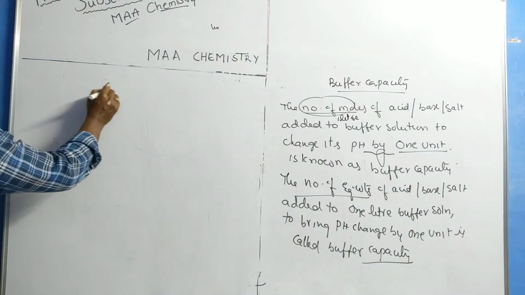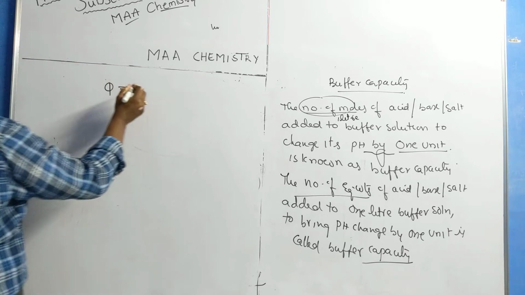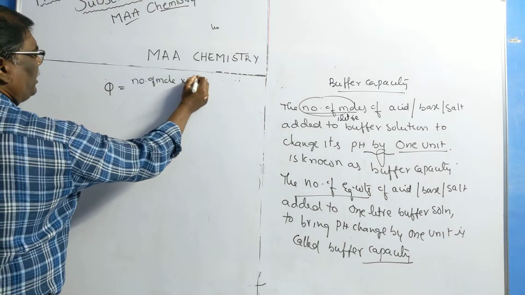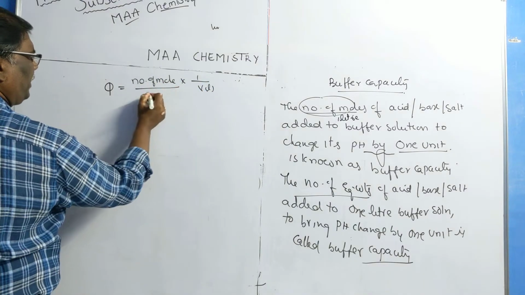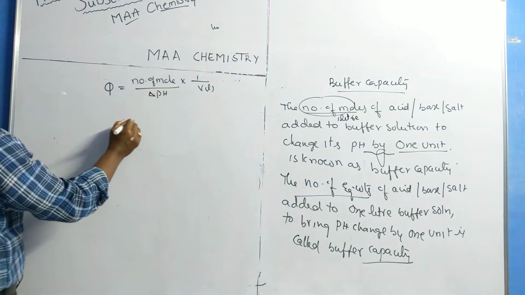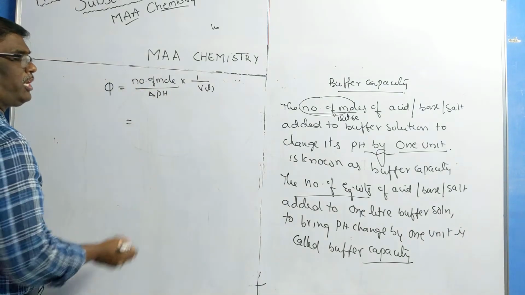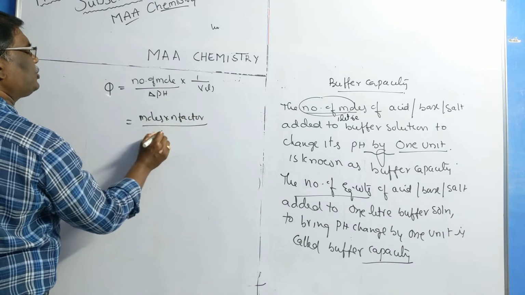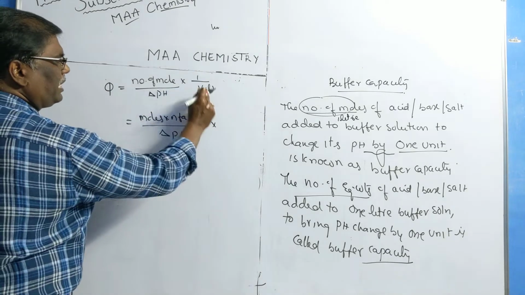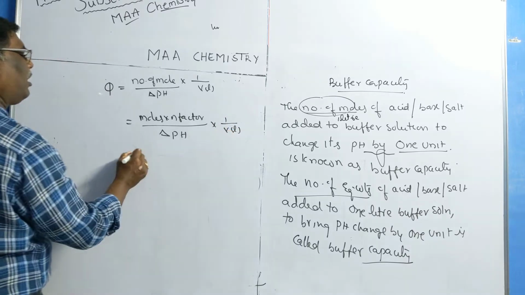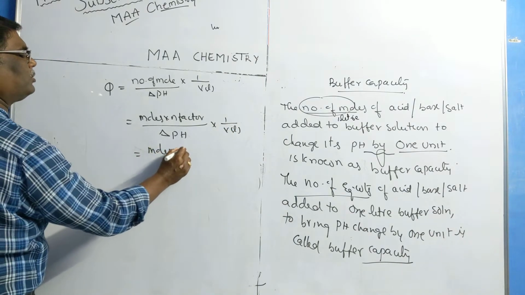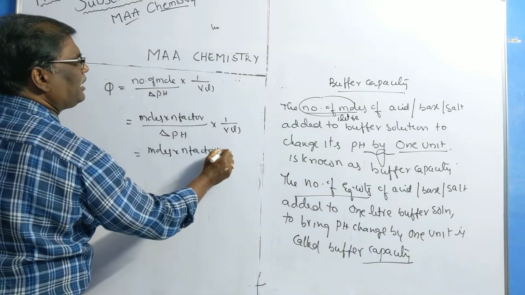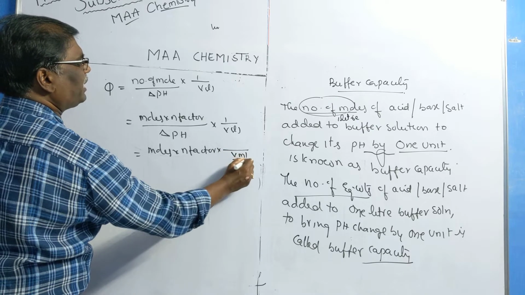Now the formula is buffer capacity phi is equal to number of moles into volume of solution in liters by pH change. It is better to say equivalent weights, and equivalent weights equal moles into n factor. Whenever you are given milliliters, they are converted into liters by dividing by 1000.